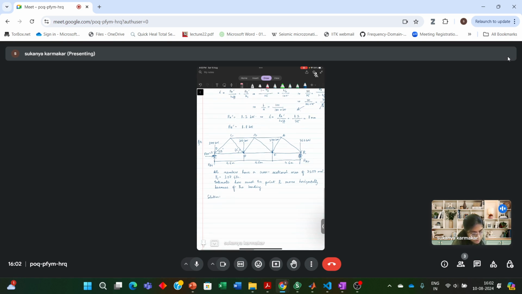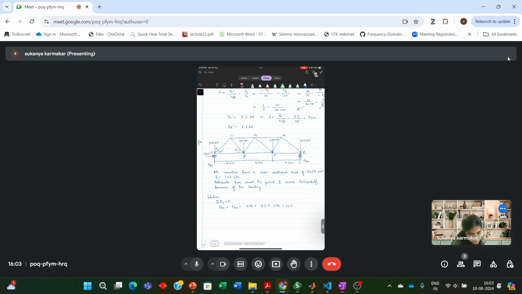Let's start solving the question. Here you can do summation of force in the vertical direction to be 0. So Fdy plus FRy is equal to 270 kilonewton plus 180 plus 270 plus 360.